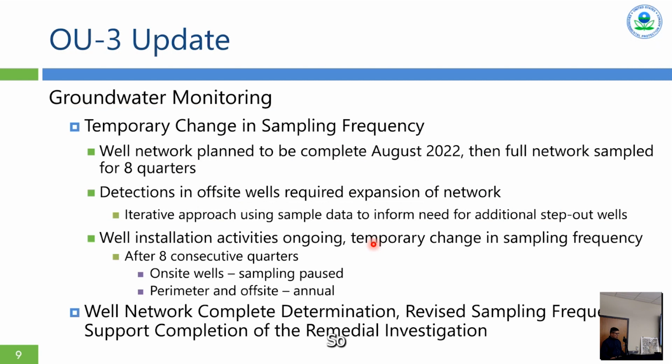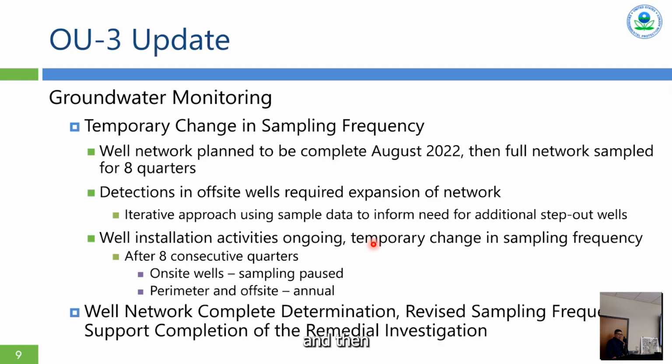More on the sampling. There's been a slight modification to the frequency of the sampling. It's a little bit of background on that. Initially, the plan in the RI, the remedial investigation work plan, was to finish everything by August 2022. The well network would have been in place.